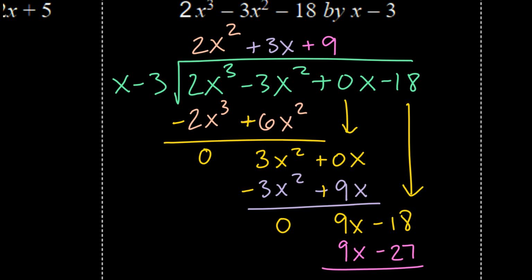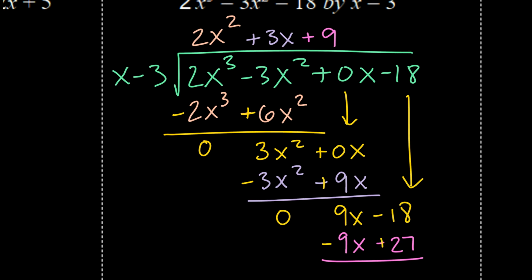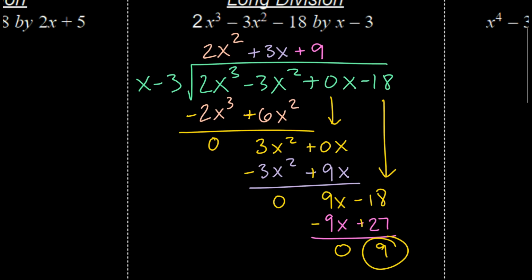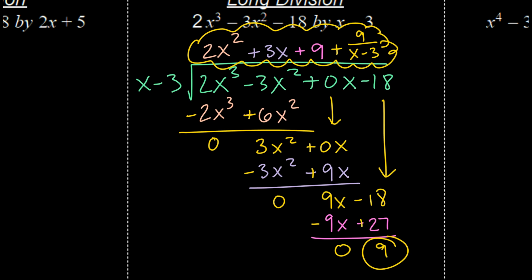And then I'm subtracting, which means I'm changing both of the signs. 9x minus 9x is 0. -18 plus 27 is 9. Yes, the 9 is our remainder. So I put plus 9 over what I'm dividing by, x minus 3. And that is our answer.